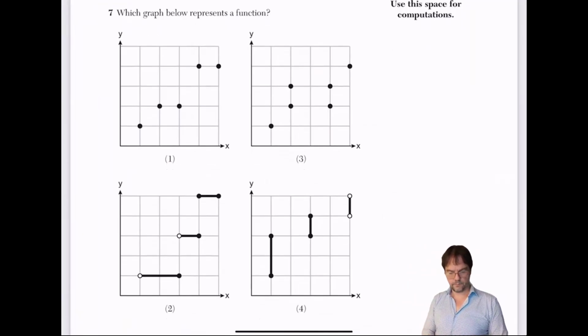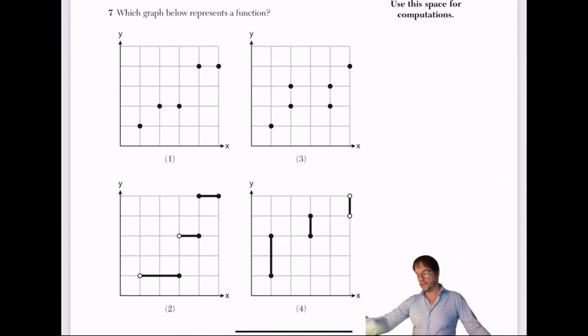I think it's the first one because you said that in a function you can have 2 y's for the same x. Yeah. So you do the vertical test. If you trace any vertical line and it touches in more than one point for the same x, it is not a function. Okay. So yes, it's one.